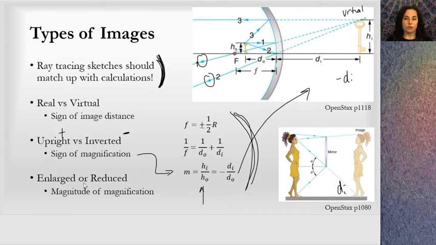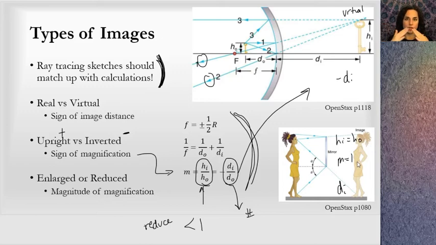Same thing is true for enlarged and reduced. Here we can look at the magnitude of the magnification. What is this value when I actually calculate this number? If it's less than 1, it'll be reduced. Anything that is 1 to 1 is the original scaling, where HI equals HO, and the magnification equals 1.